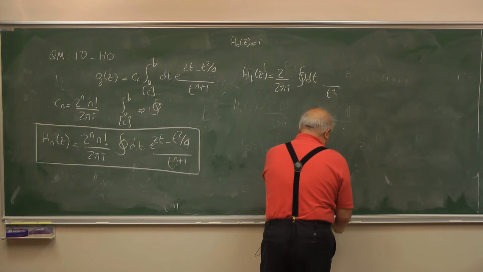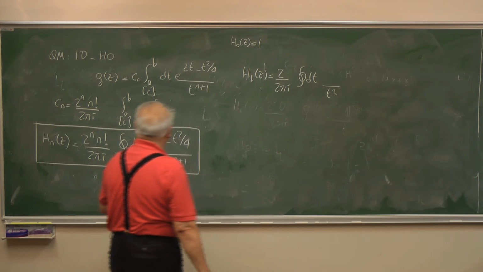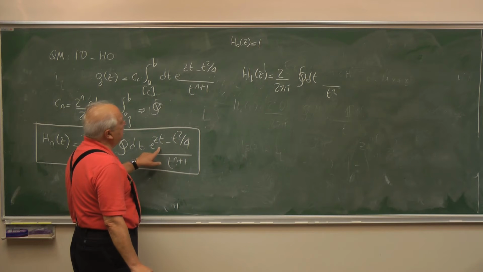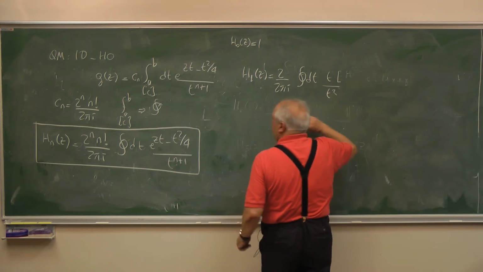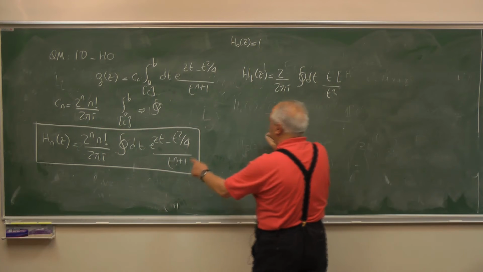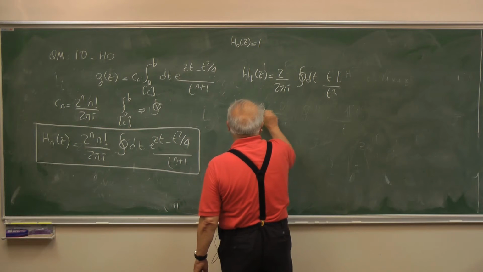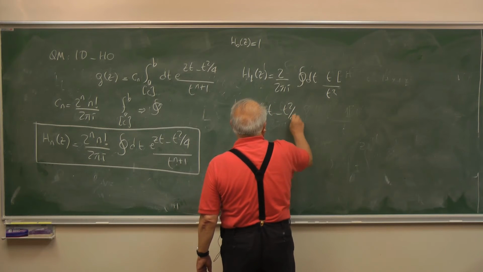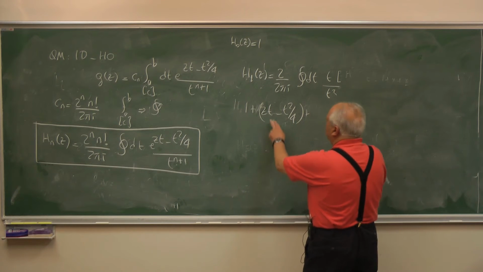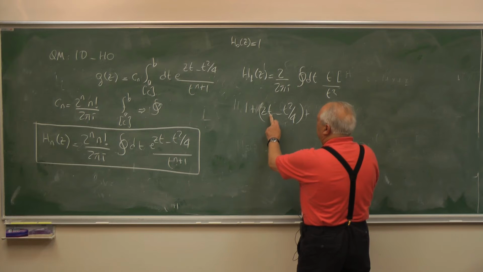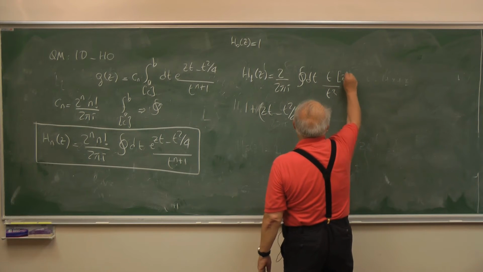I must look at the term that is linear in t. So I need t. If you expand this thing, it is 1 plus zt minus t squared over 4 plus the square of it, etc. But the only linear term is this one, t, and the coefficient is just z.